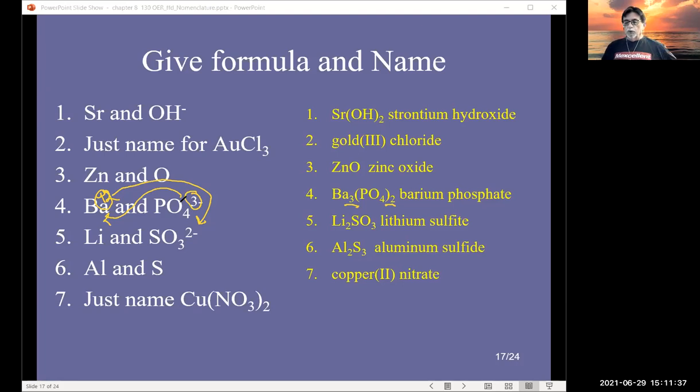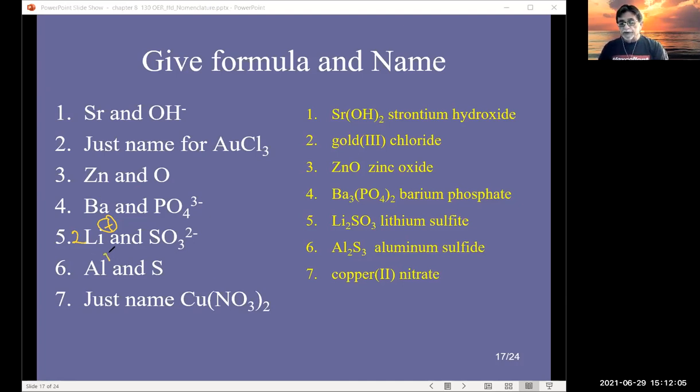Lithium is a group 1 metal, so it has a +1 charge. It's a +1 for lithium because it's in group 1, so I need 2 lithiums for every sulfite. So I got number 5, Li subscript 2 SO3, otherwise known as lithium sulfite.